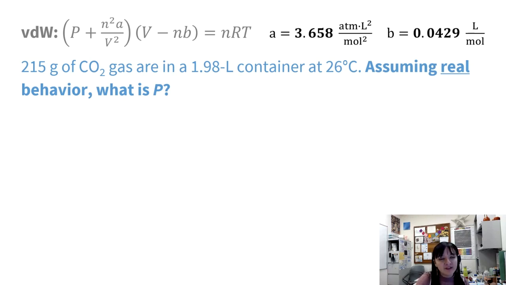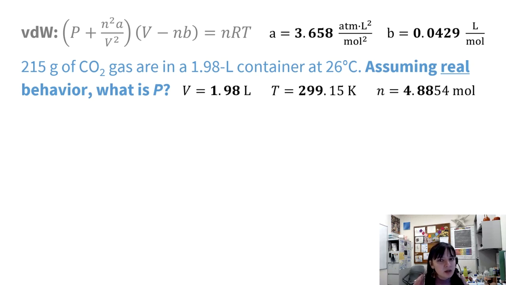I've taken up a lot of space here so that we can work out the entire thing. But I do want to highlight some of the similarities between this equation and the ideal gas law. We can use basically the same volume, temperature, and number of moles that we found in the previous example. So we already know V, T, and n in this equation. We have A and B given to us.